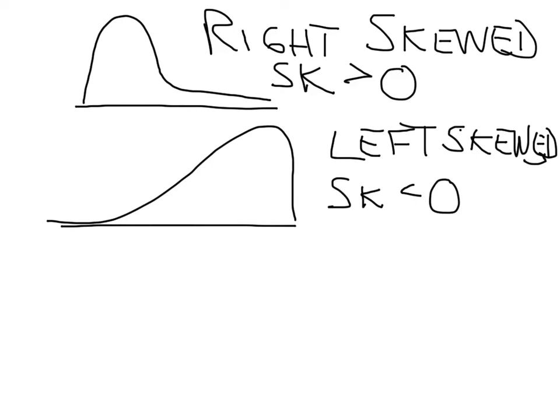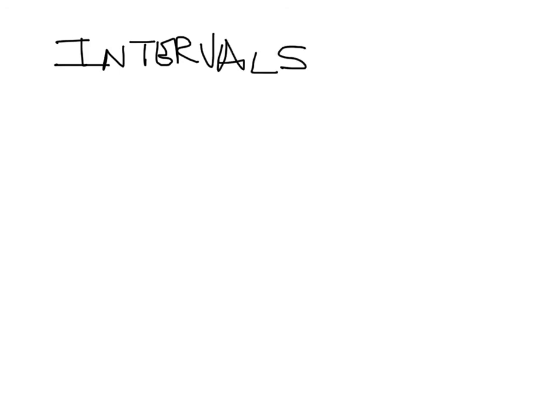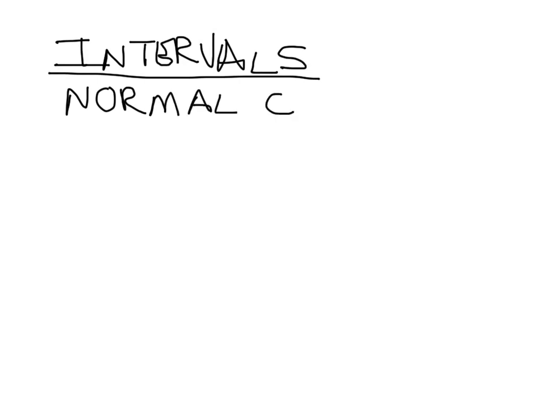Okay? And one more thing, let's talk about intervals. All right. So here again, yet again, my intervals run in comparison to the normal curve. So we have something called the empirical rule.